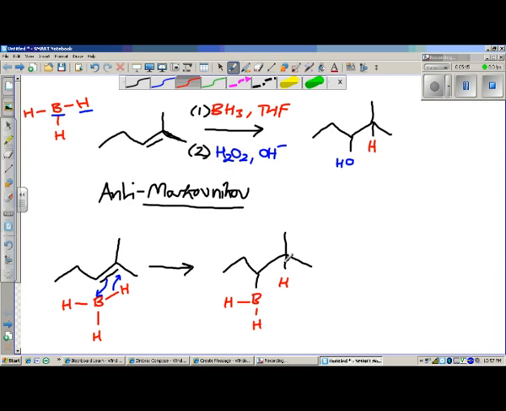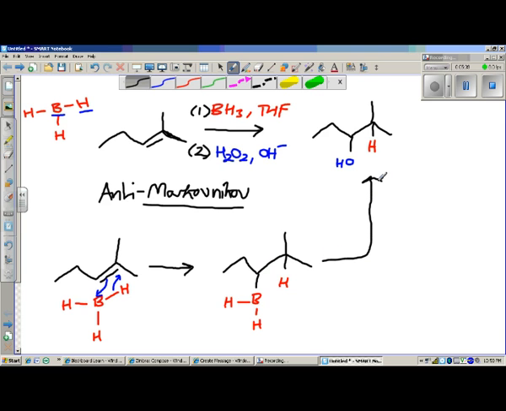And these add in syn stereochemistry. In other words, they add from the same side of the molecule. You remember for the halohydrin and the halogenation, the two groups added anti to each other? Well, here they're syn, they're on the same side, so they could both be wedges or dashes. And essentially this is the mechanism of that first step.